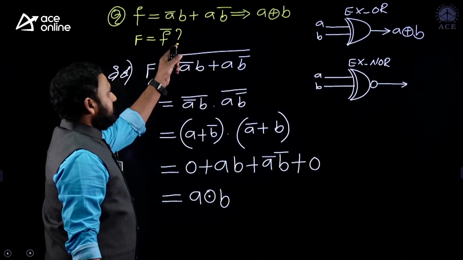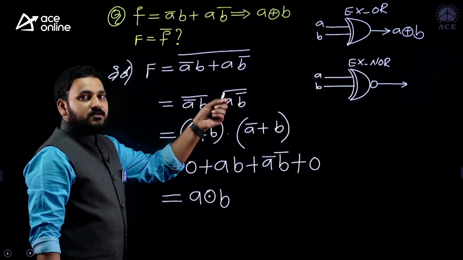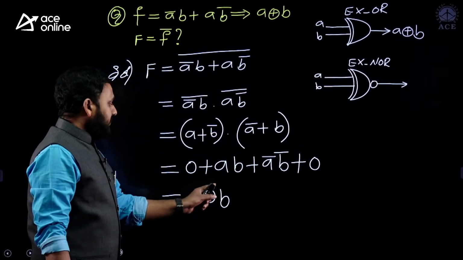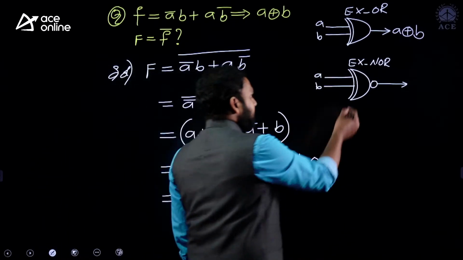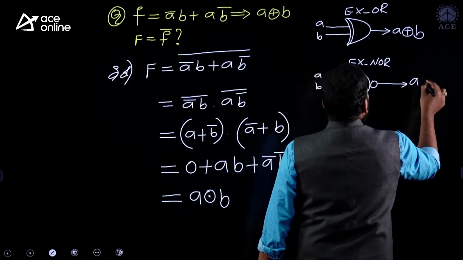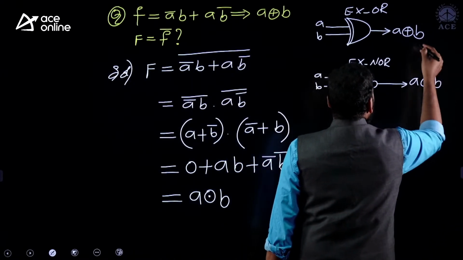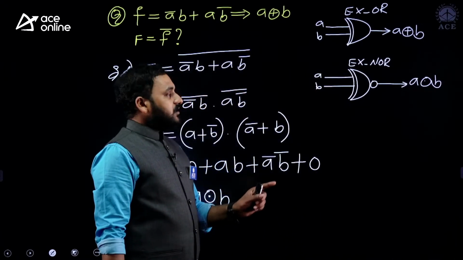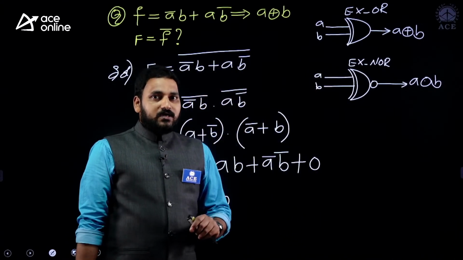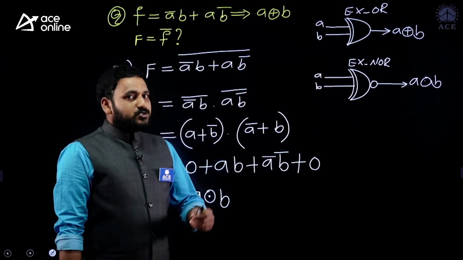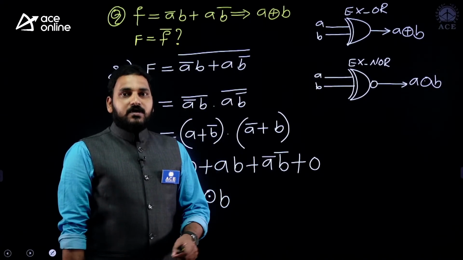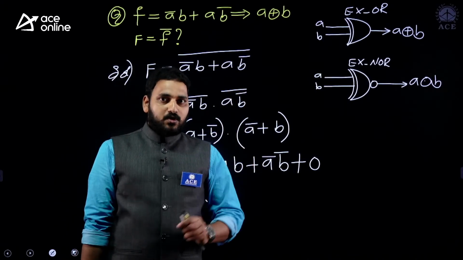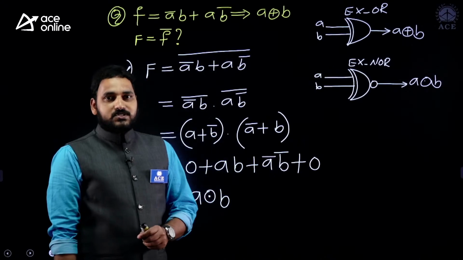Complement of XOR means, after completion of XOR operation, if you add a bubble, it will become XNOR. So this is an exclusive NOR operation, A XNOR B. And this is actually the relation for the two variable case, like 2 input XOR and XNOR. In the 3 input case, the story is completely different, but now we are just talking about the 2 input XOR gate and XNOR gate. This is more than sufficient for us.